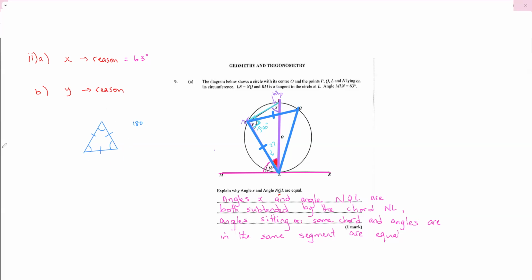Then you have your isosceles triangle. The isosceles triangle is where 2 sides are equal, and as a result, the angles at the bottom of those 2 sides will be equal. So if this side is equal to this side, the angles at its base will also be equal.